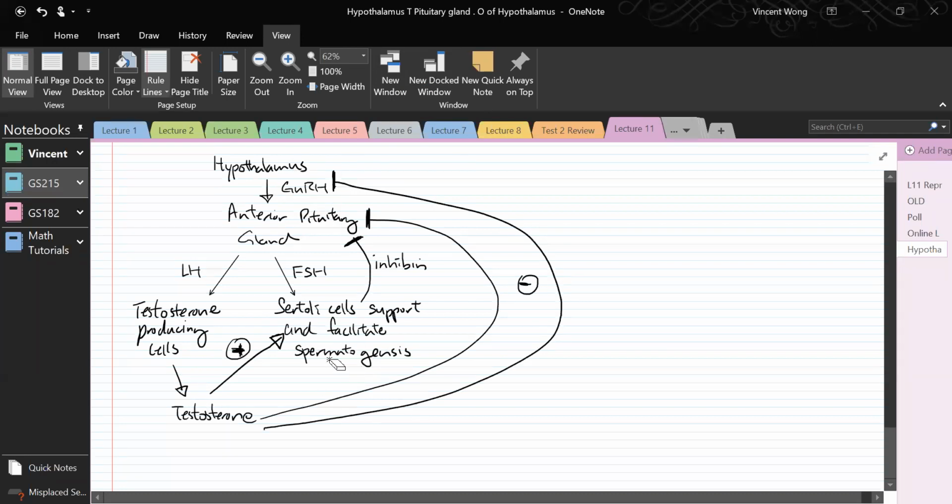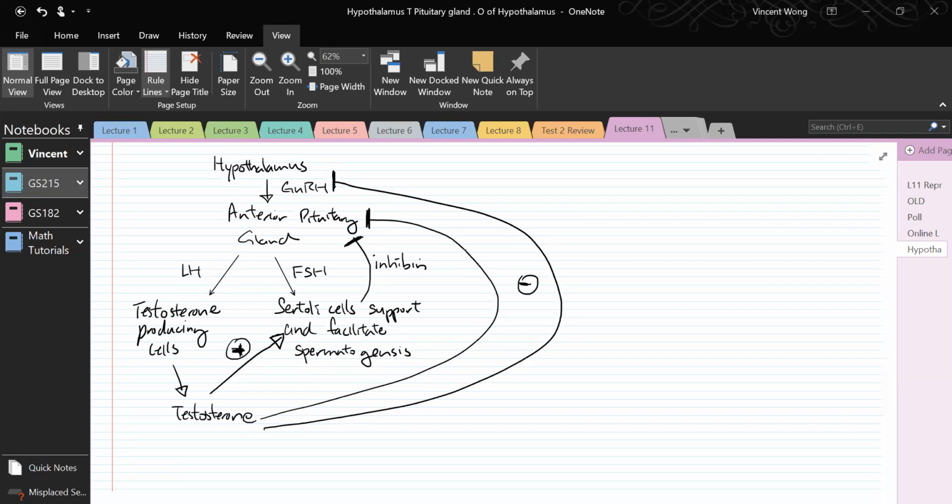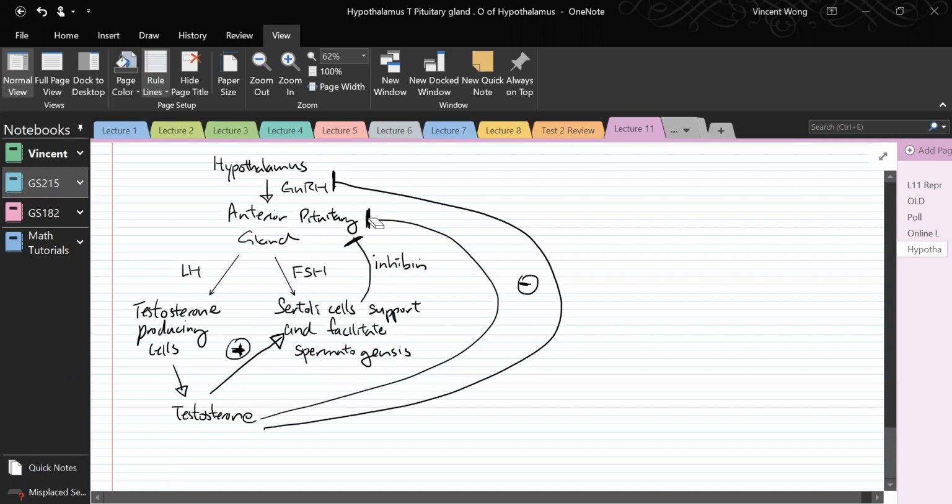You don't want to waste too many resources making things that we don't need, so you need to shut it down. It's like a thermostat. If it's warm enough, you don't want the heat to keep cranking up, so you turn it off when you reach the desired temperature. Similar here, you want to turn off spermatogenesis if you already have a certain level of sperm produced, for example.